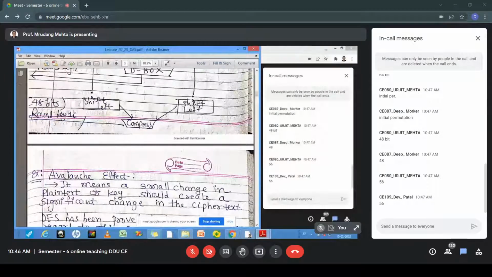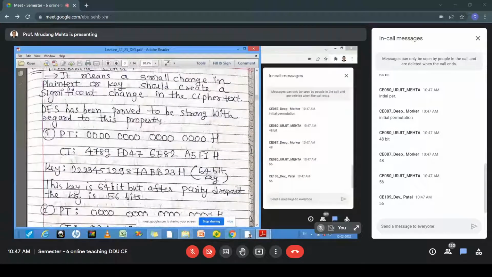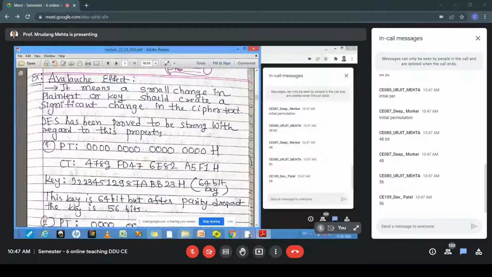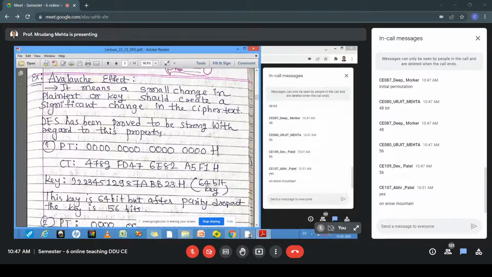Now we discuss some properties related to DES. One of them is the avalanche effect. Does anybody understand avalanche, where it happens? Recently there was news related to an avalanche scenario. Anybody remember?